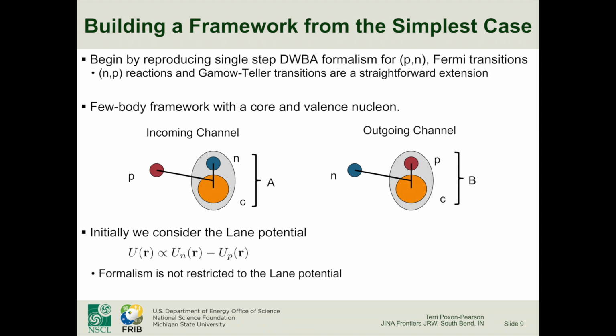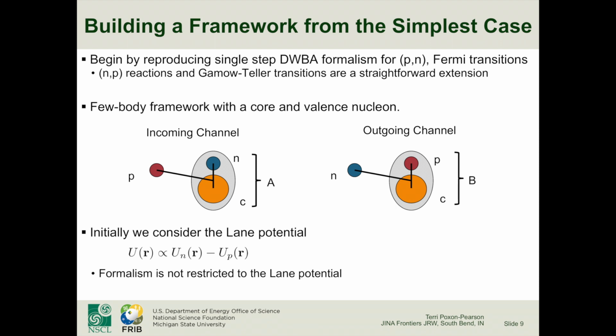So, like we talked about a little earlier in the introduction, it's too hard to describe all of these nuclei. We can't do it in an ab initio, a from-scratch kind of way. So we turn our target into an inert blob with a valence neutron in the PN case. We have a proton coming in, and then in the outgoing case, these two switch places.